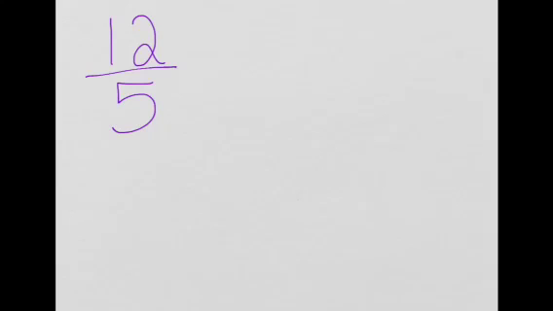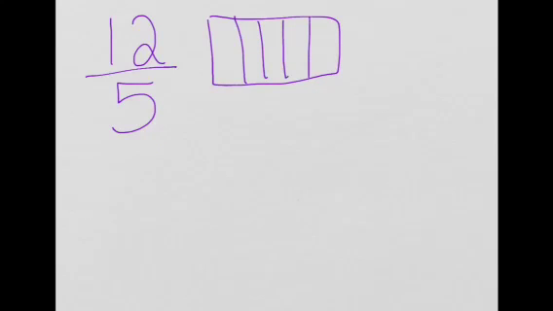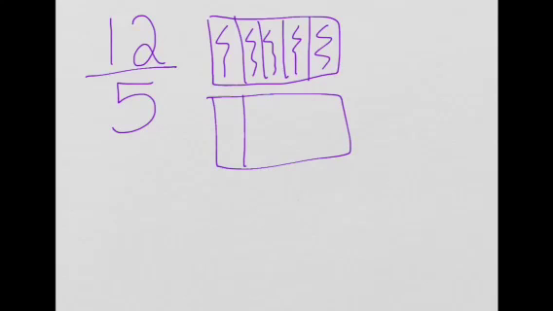Okay, so you should have paused the video and have worked out 12/5. And if you did that, here's what your answer would be. You would have your fifths. Break this into fifths, 5 pieces. So 1, 2, 3, 4, 5. That gives you 5, but you need 12. So do another one. 1, 2, 3, 4, 5.